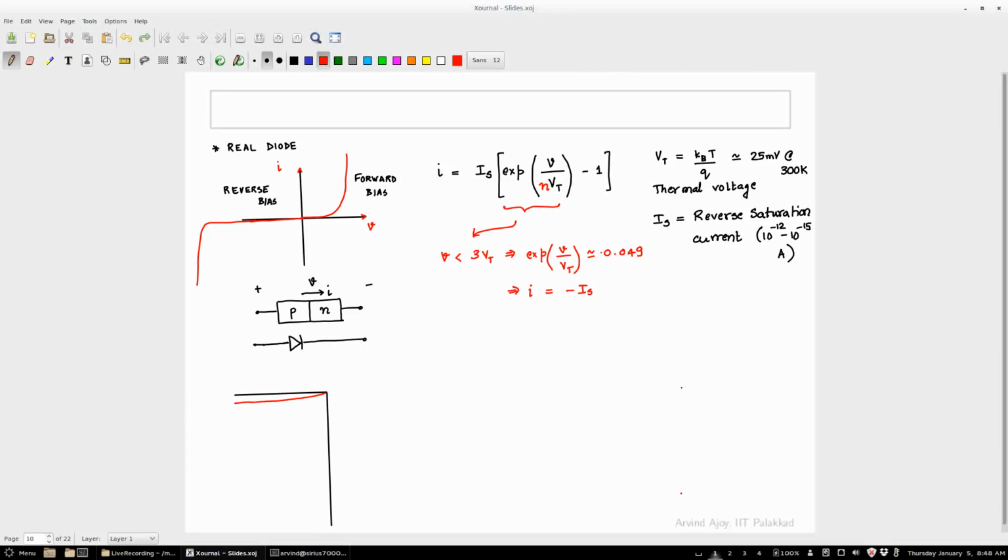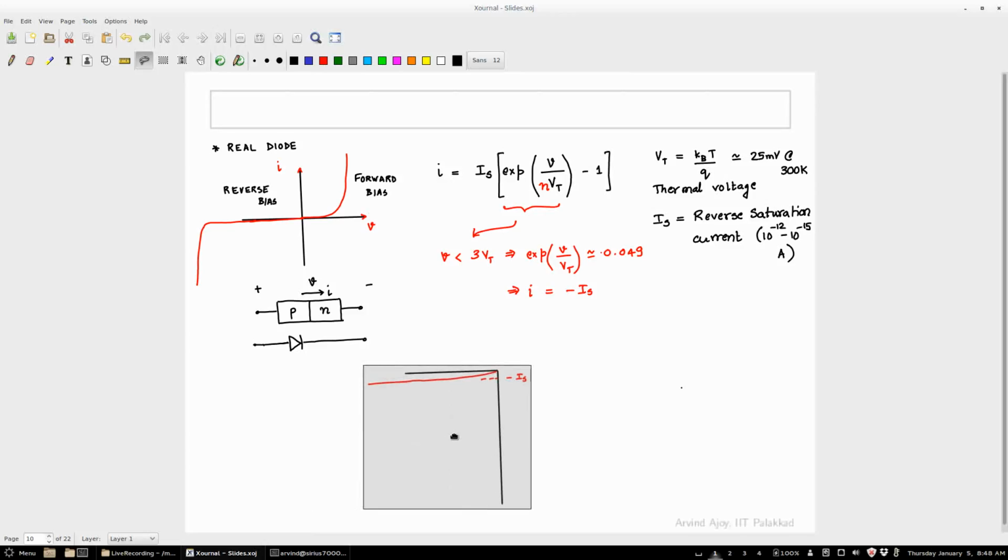If I were to only plot the reverse current, it will actually appear to be something like this, right, before the breakdown. And what would this value be?